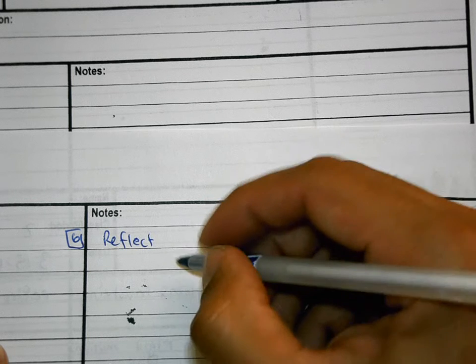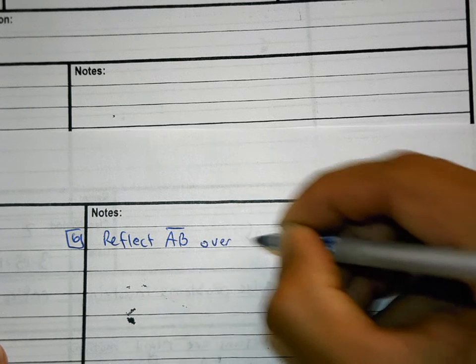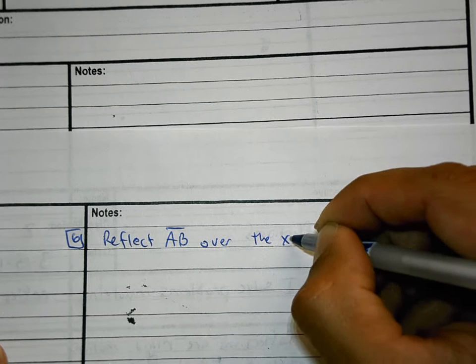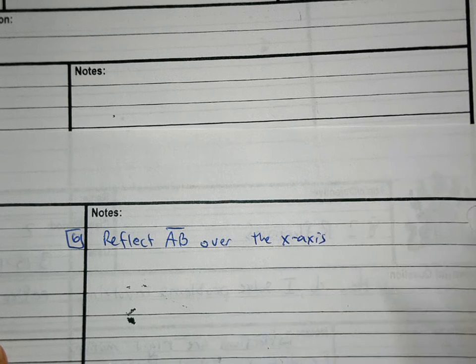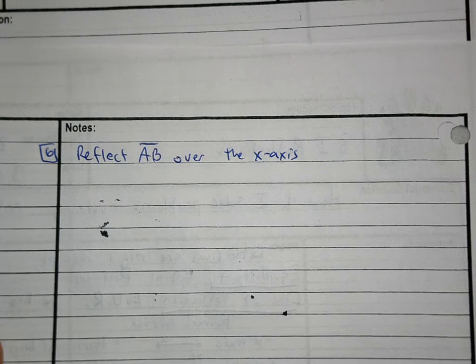Reflect AB over the x-axis. Let me recenter that real quick. Reflect AB over the x-axis.